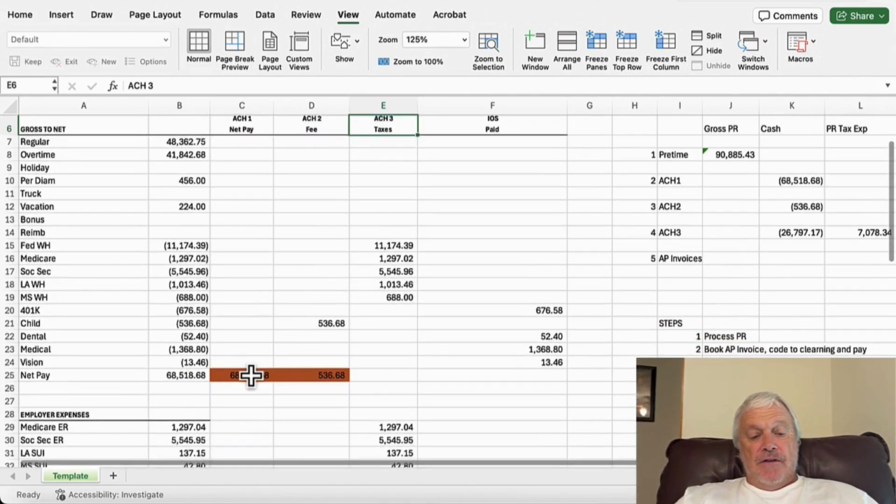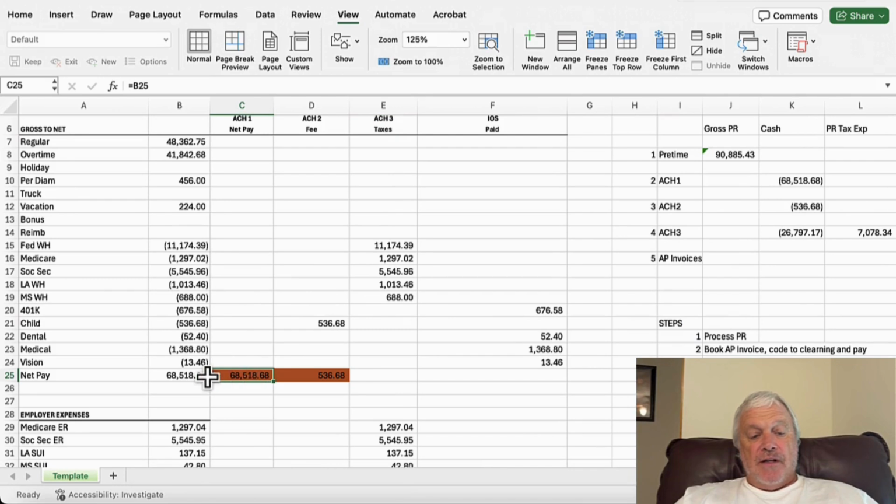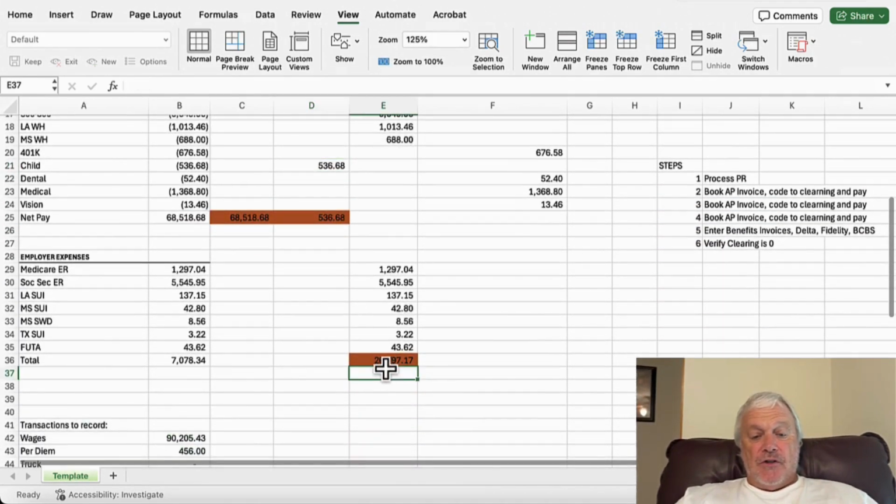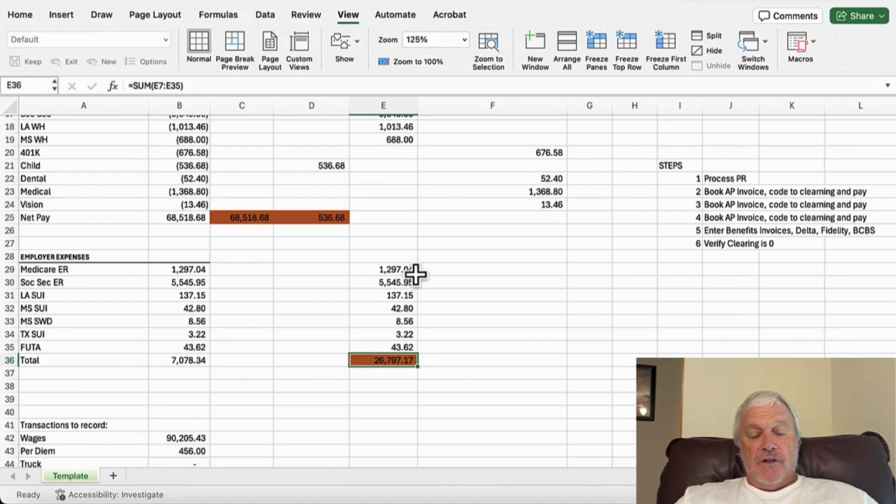And we figured out that the first ACH represented the net pay to the employees. Great. Okay, got that. We figured out the second ACH was the child support remitted to the court authority. Okay. And then we figured out that the third ACH that's highlighted was the employer expenses.